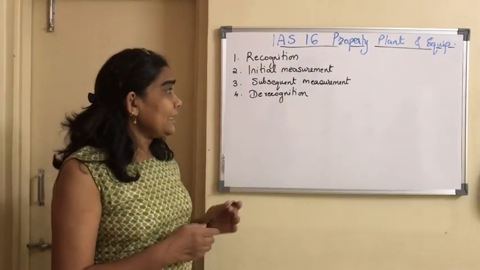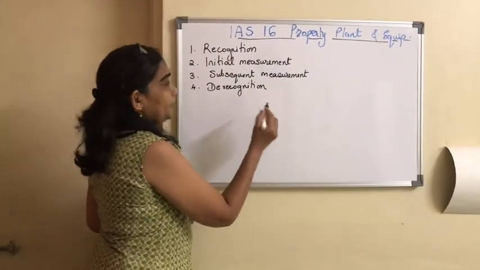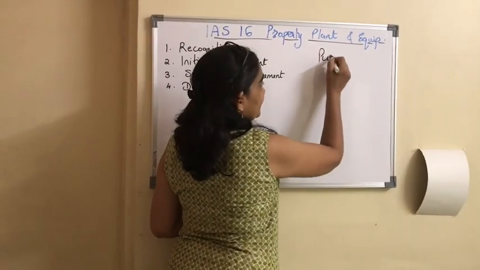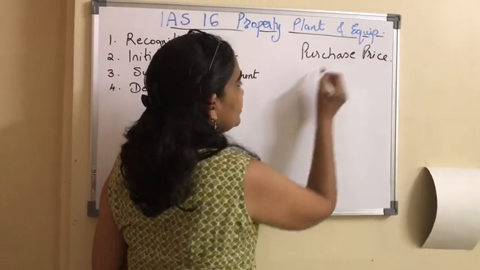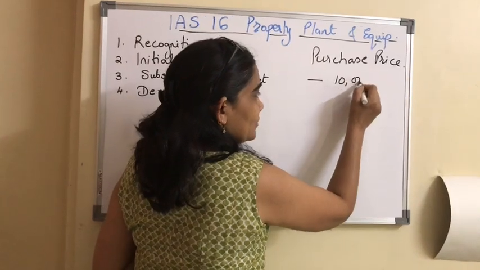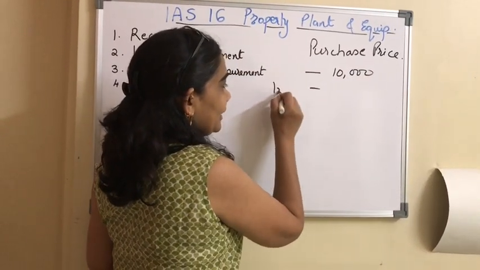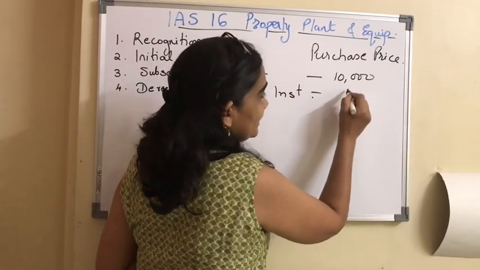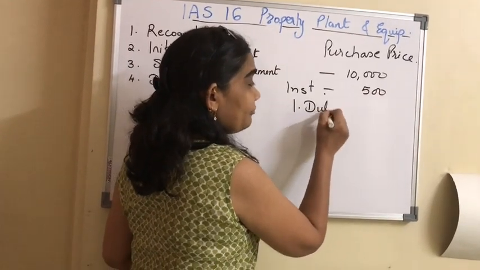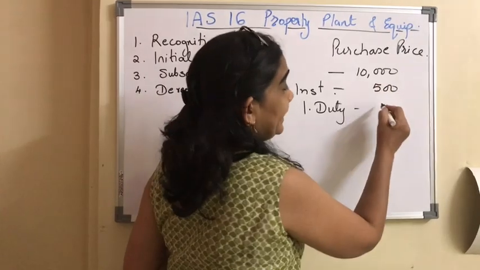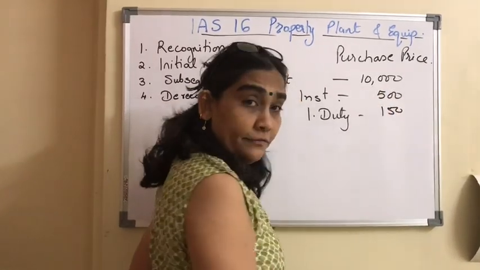Okay, let's take an example. Suppose the purchase price of an asset is, let's say, $10,000. Then the installation cost incurred is say 500. The import duty that you have paid, which is non-refundable, is 150.